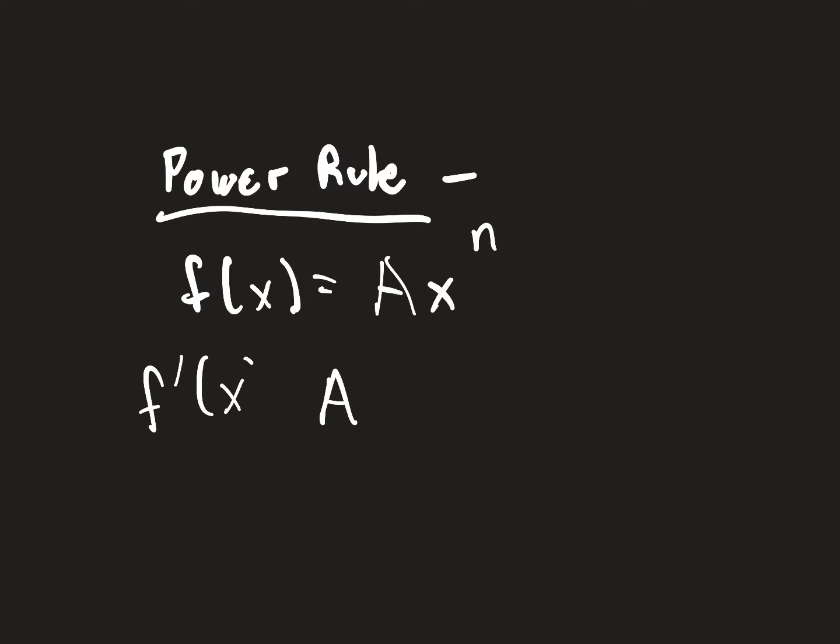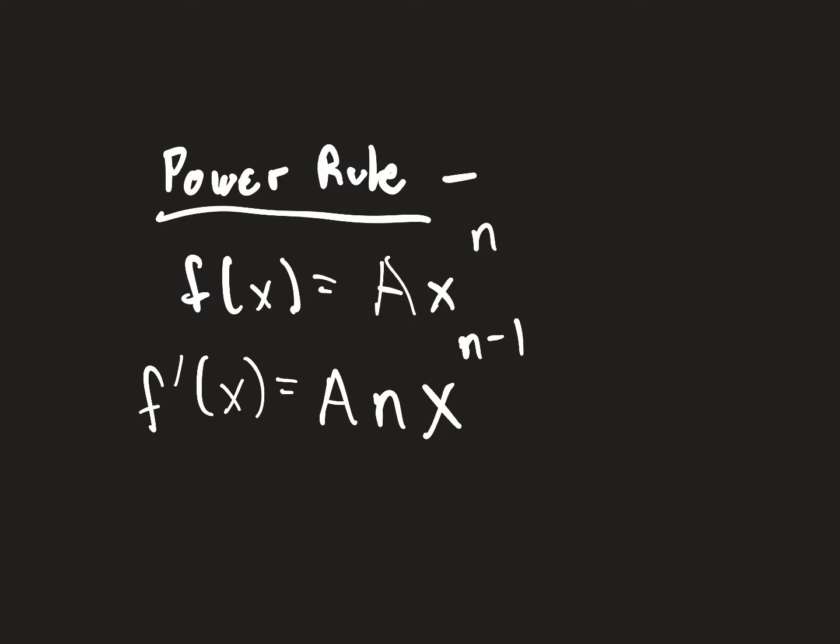Are we all familiar with the prime notation for a derivative? When you put a prime next to something, that means you're taking the derivative. Keep the constant. Take the exponent, bring it out front. Your variable stays, and take your exponent and raise it to the n minus 1th power. That is the general formula.